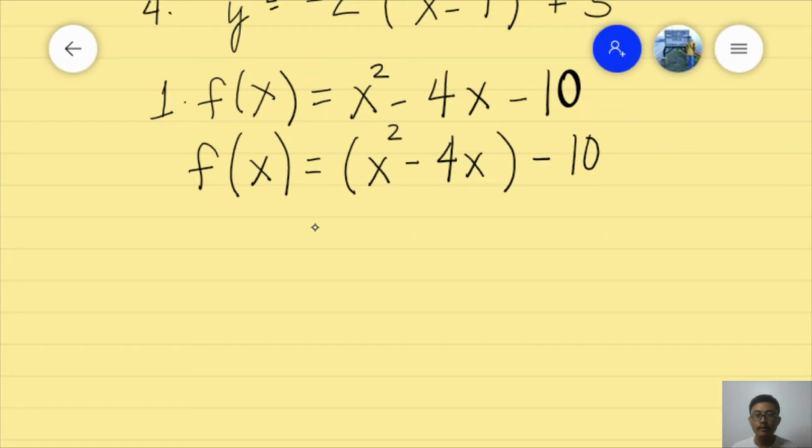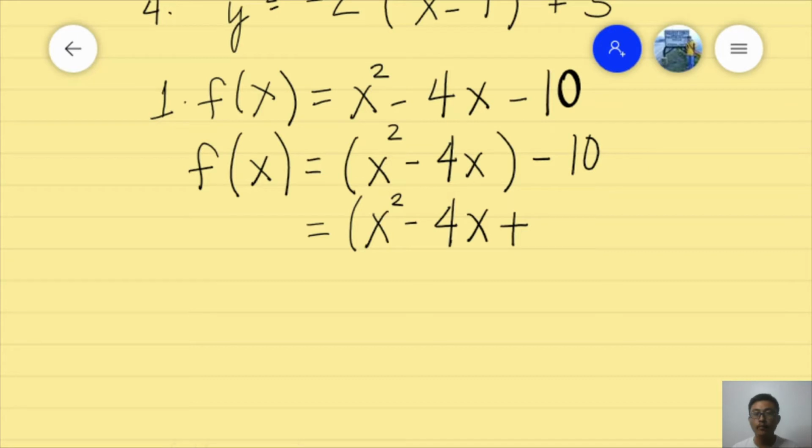Then, next step is, so if we're going to remember yung completing the squares dun sa quadratic equation, ganun yung gagawin natin dito sa loob ng parentheses. So, that will be x squared minus 4x plus. So, kung titingnan natin tong negative 4, dito natin ginagawa yung completing the square, di ba?